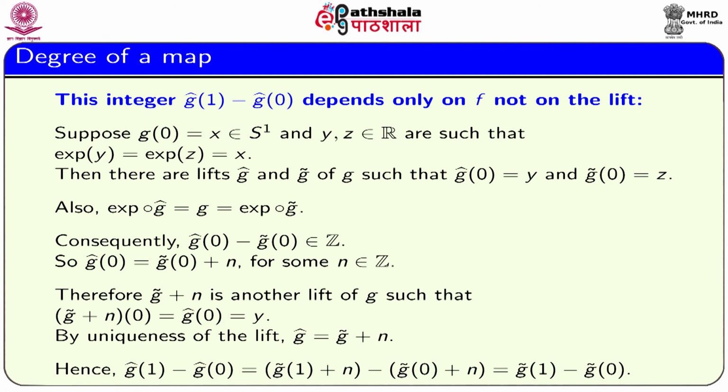Also, exponential composed g cap is equal to g, and exponential composed g tilde is the same g. Therefore, g cap(0) minus g tilde(0) is an integer. So, g cap(0) is equal to g tilde(0) plus that integer n.